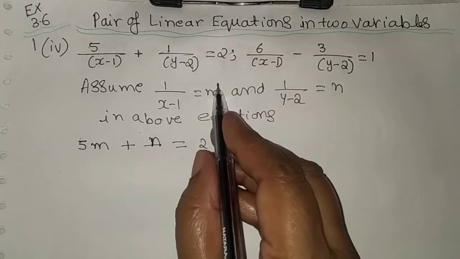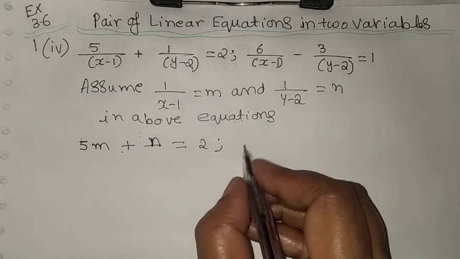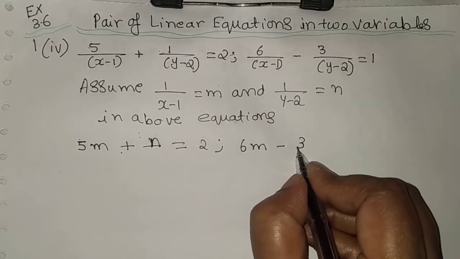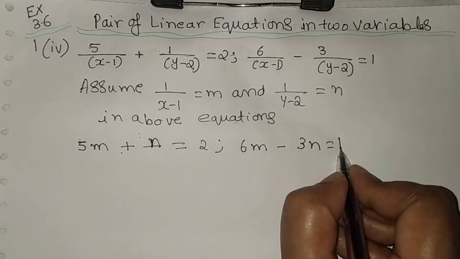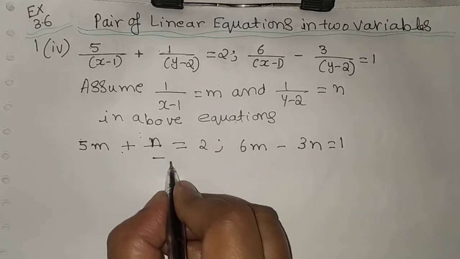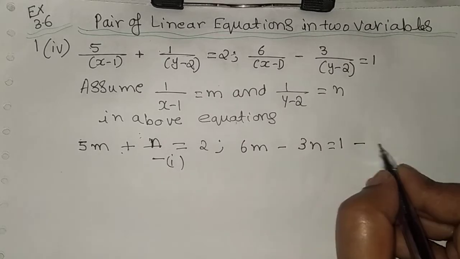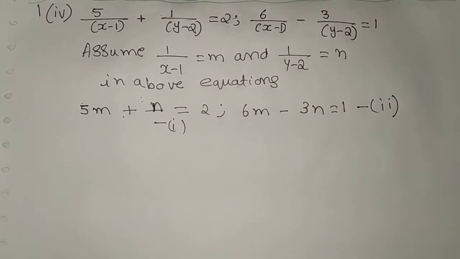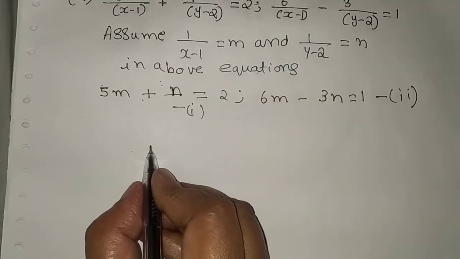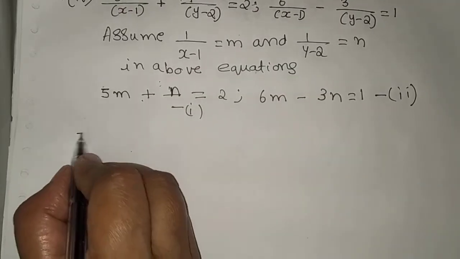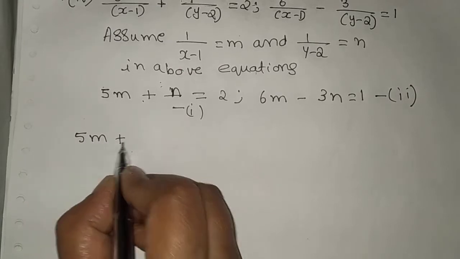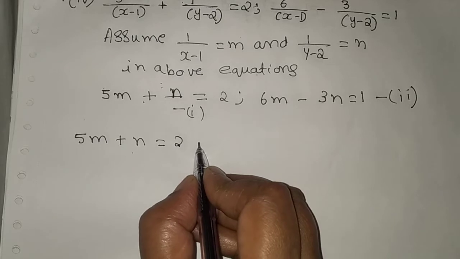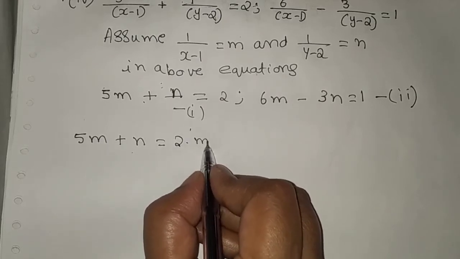Next is 6m minus 3n is equal to 1. We will name this equation 1 and this one equation 2. The next step: 5m plus n is equal to 2. So multiply this equation.